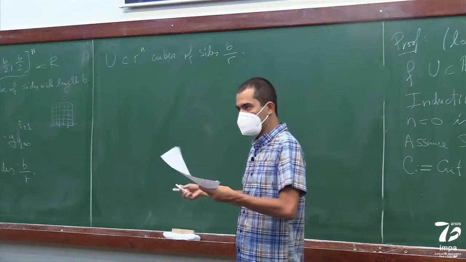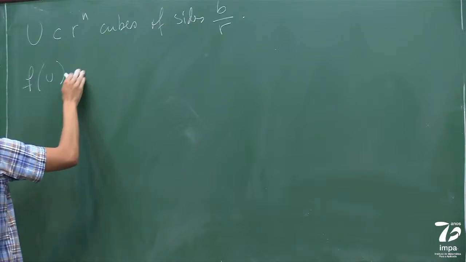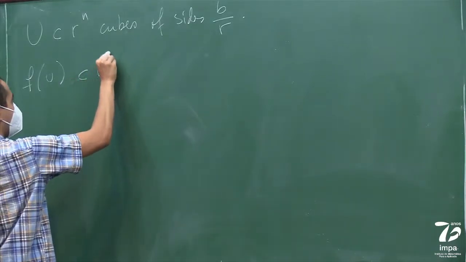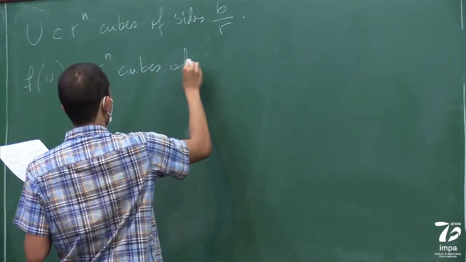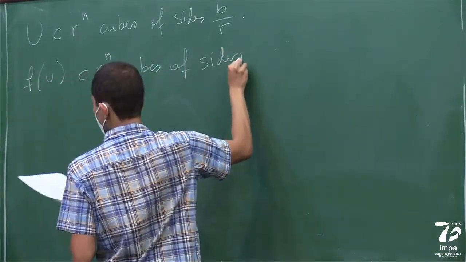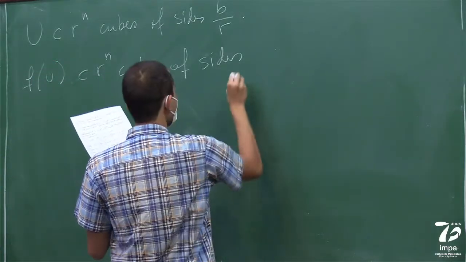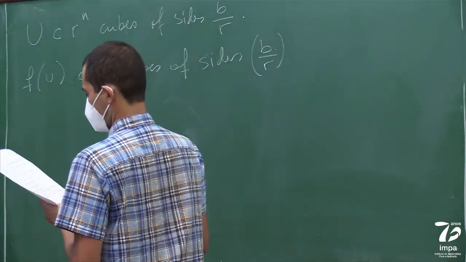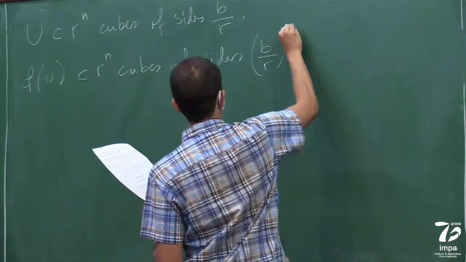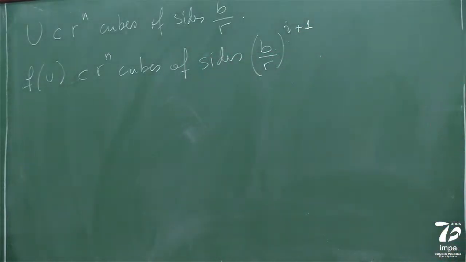And then when I apply f to them, f of U is covered by r to the n cubes of sides, now my sides are, b over r to the I plus 1. Okay?